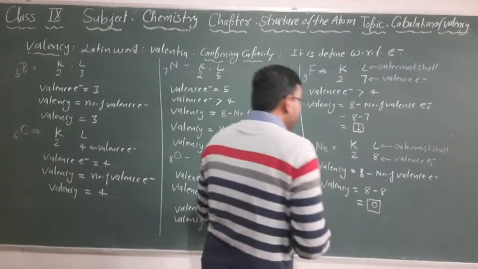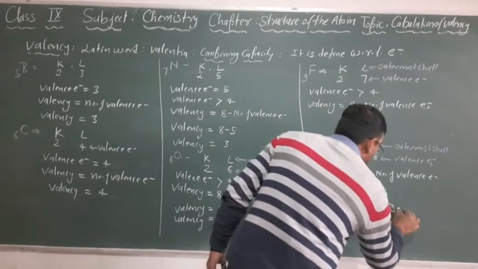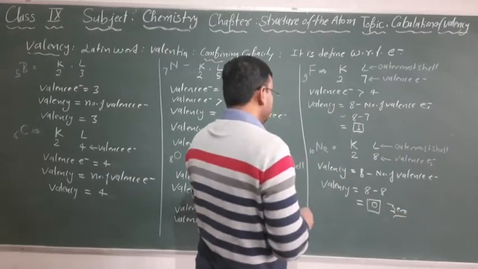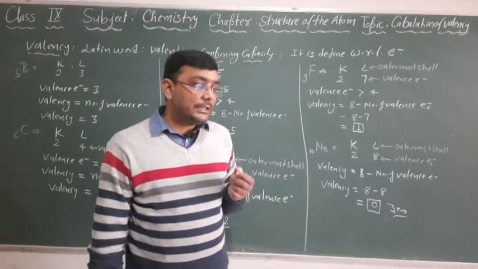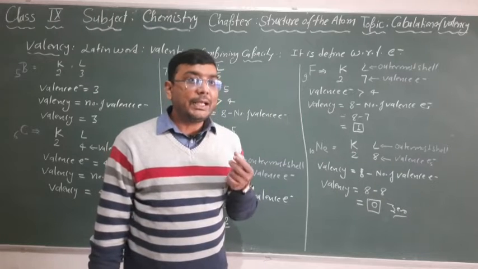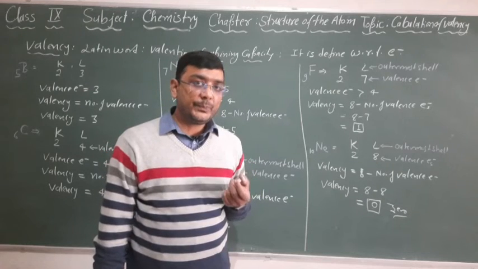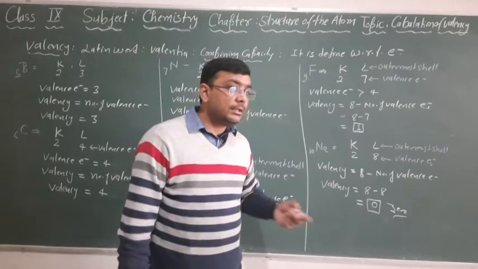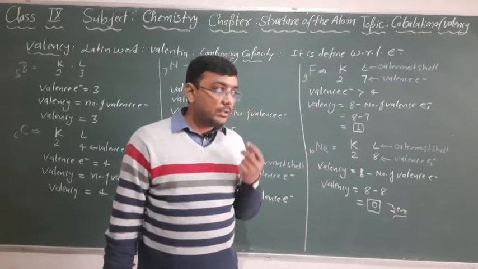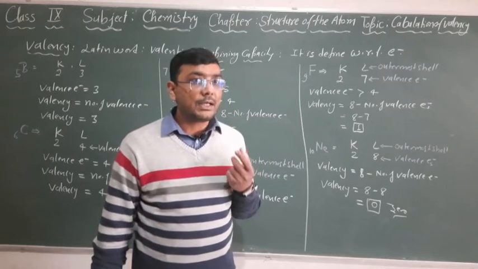So the valency we got in case of neon is 0, which indicates that neon does not have any combining capacity. Is it clear? Neon doesn't have any combining capacity.